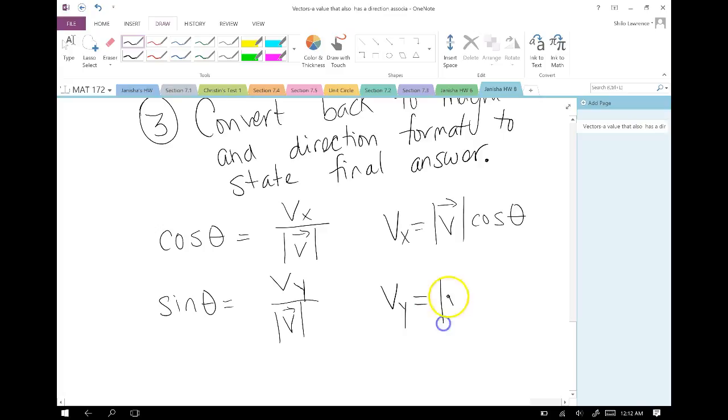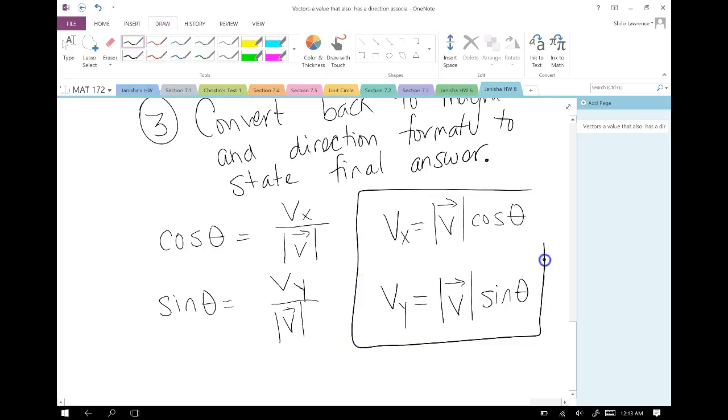V sub y is the magnitude of v times sine theta. These are the conversion formulas to change from magnitude and direction to components.